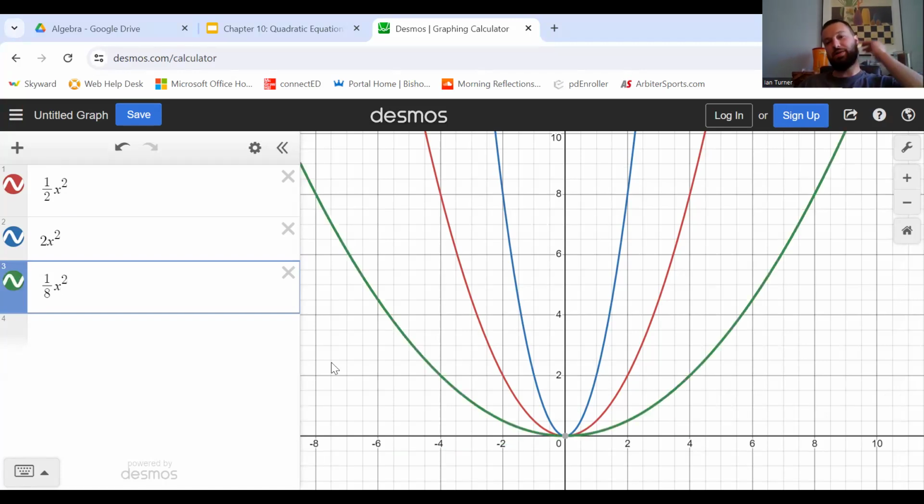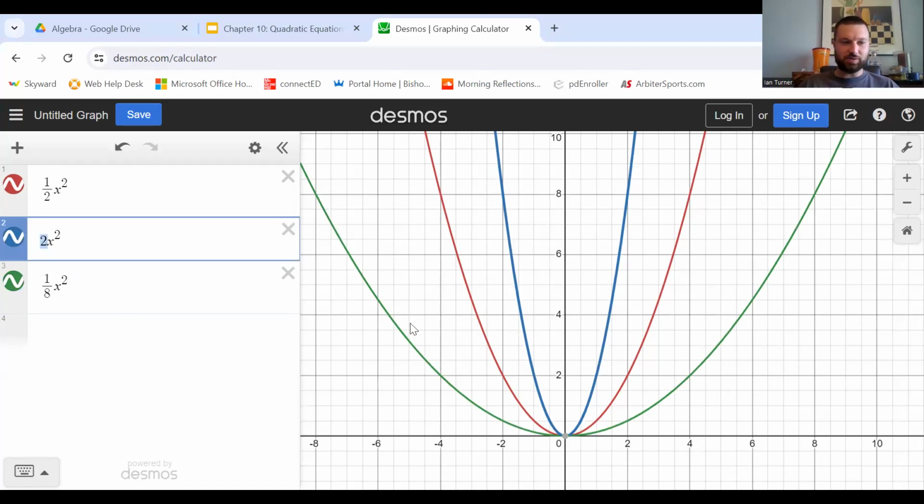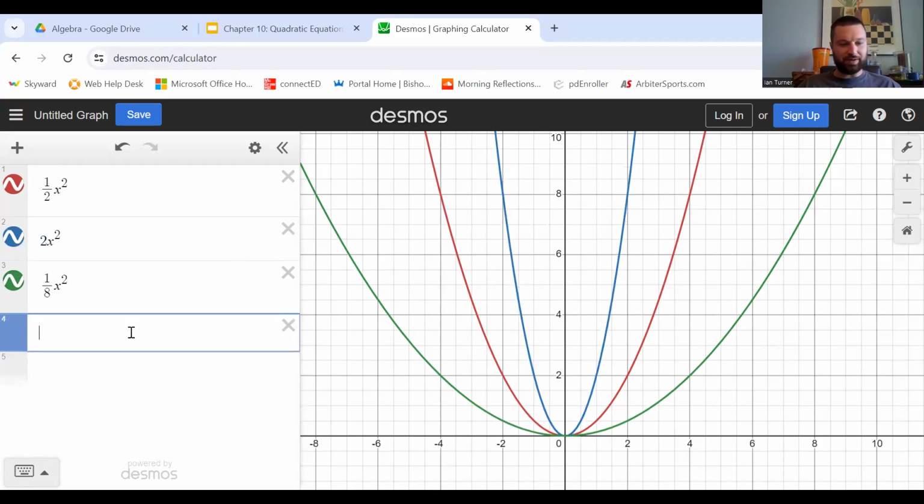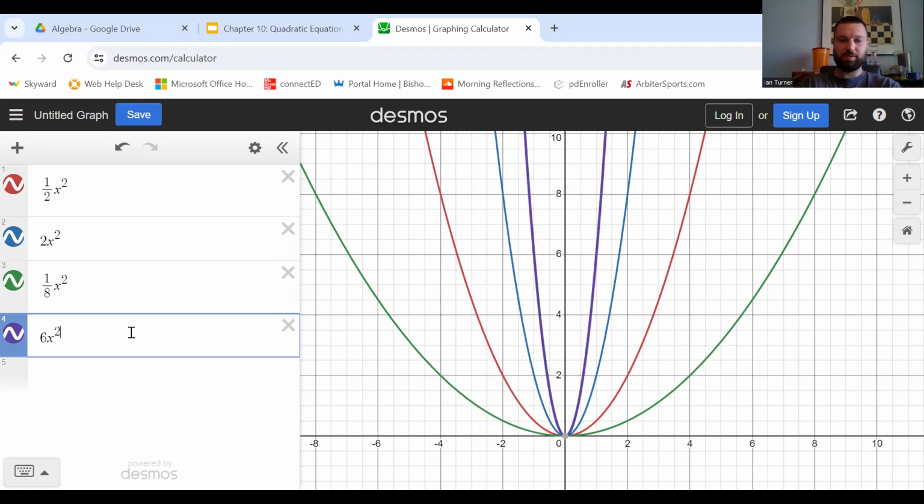Look how wide the parabola gets. If we have a higher slope, a steeper slope, it gets steeper, right? This blue one right in the middle here is just 2x squared. If we put in 6x squared, it's going to be super steep. But you see that all of these are starting at 0, 0 because all we have is y equals x squared and then something in front of the x squared.